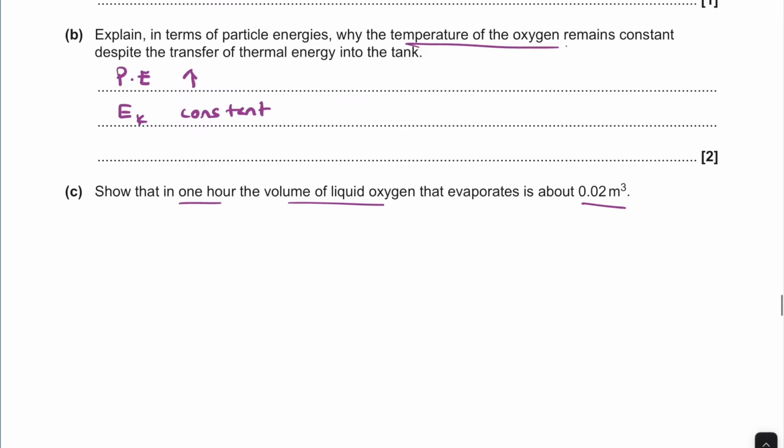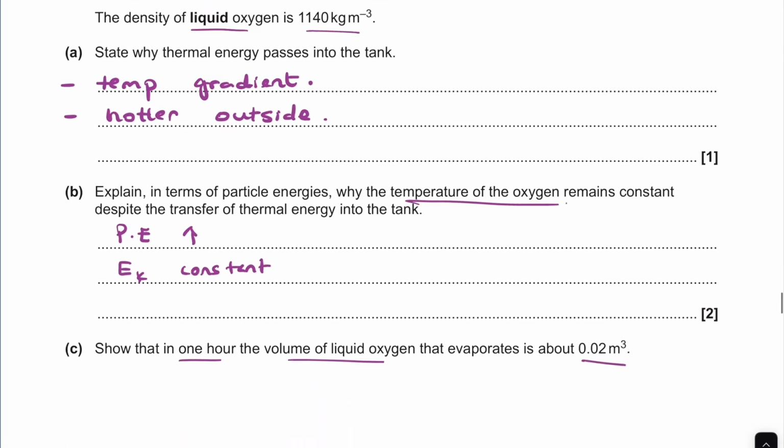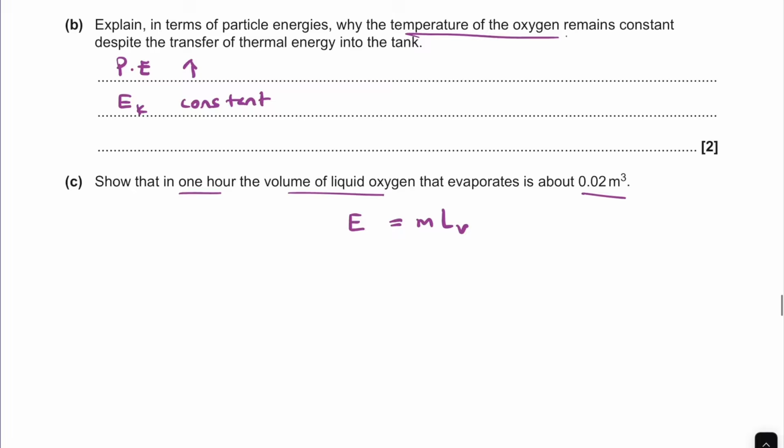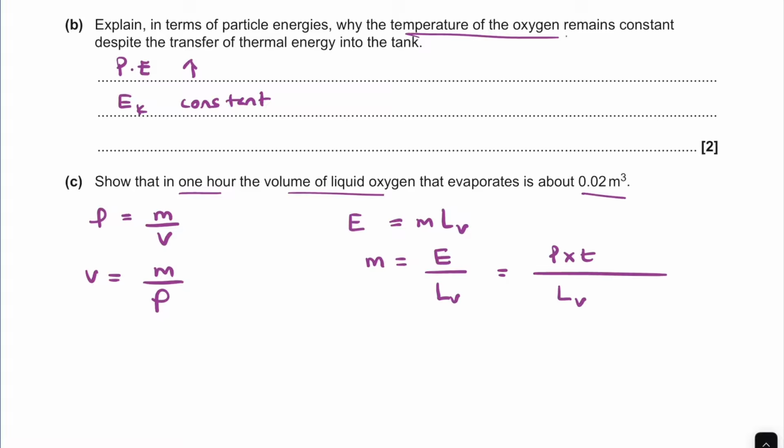We are given the latent heat of vaporization, so E is equal to mL_v, and we are working out the volume, so we have to involve mass as well as density, which is V equal to m over rho. I need to work out m, which is E over L_v. I know energy is power times time. Stick in all the values.